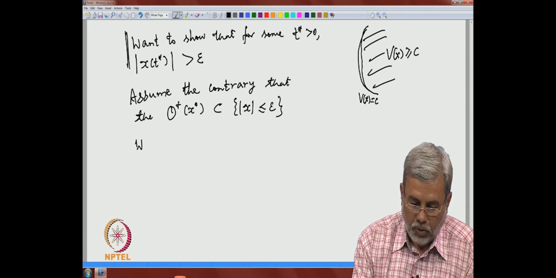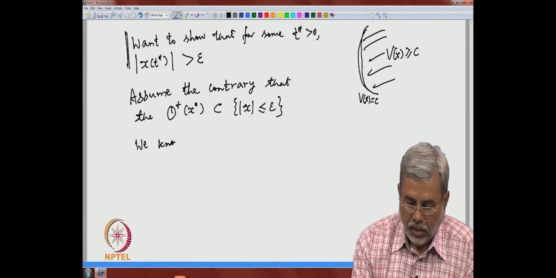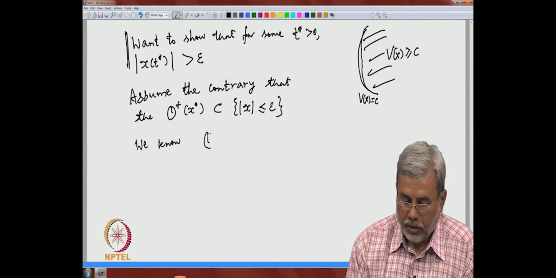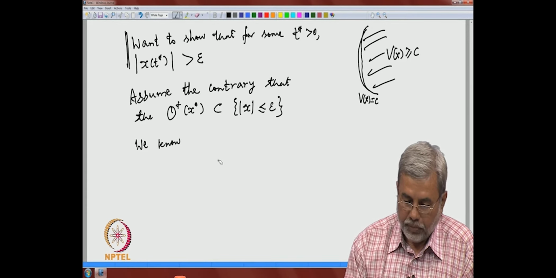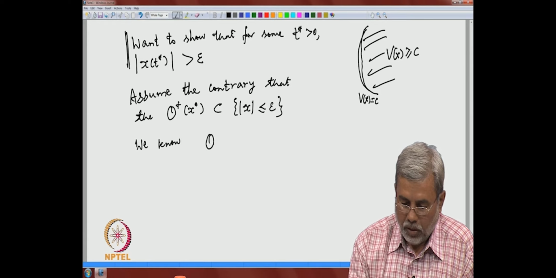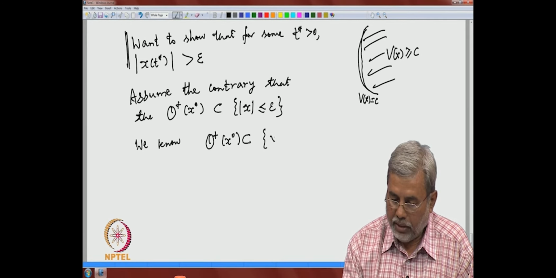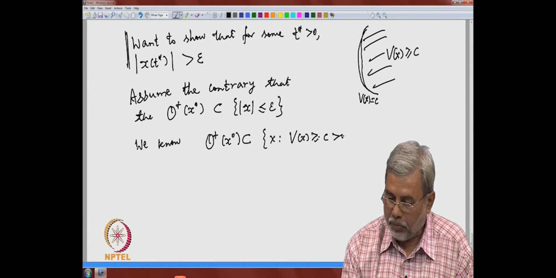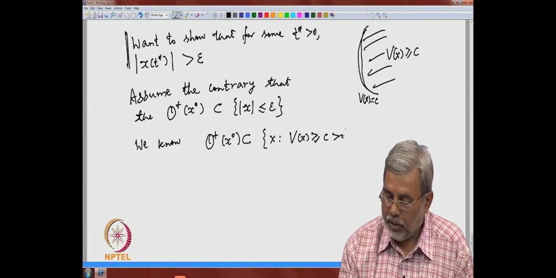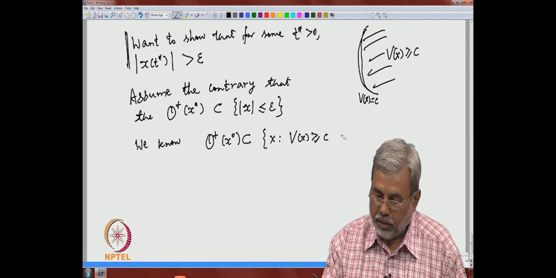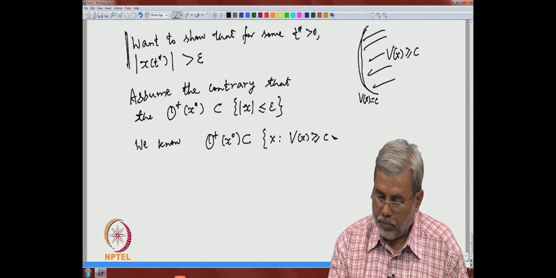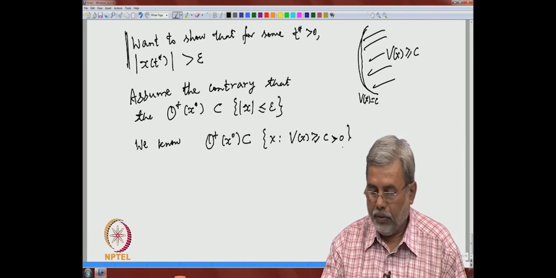So, we know that this orbit x 0 is already confined to this one, the set of all x such that V of x is bigger than or equal to c, and remember this is positive. Okay. So, in particular this is positive. Okay.